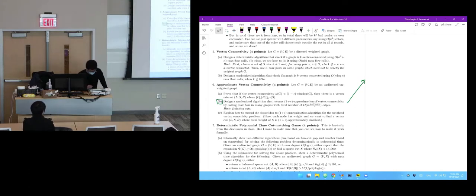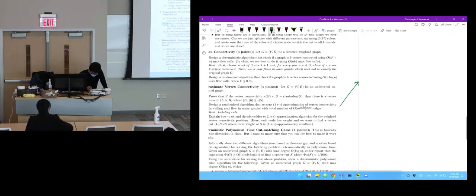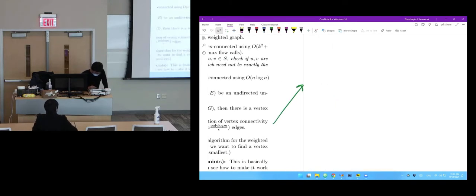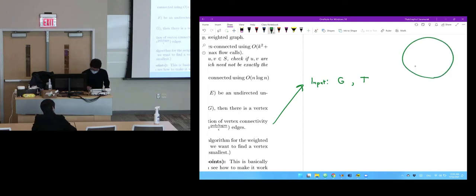So what do I mean by that? Suppose the input is a graph, and let's say you have a terminal set T.